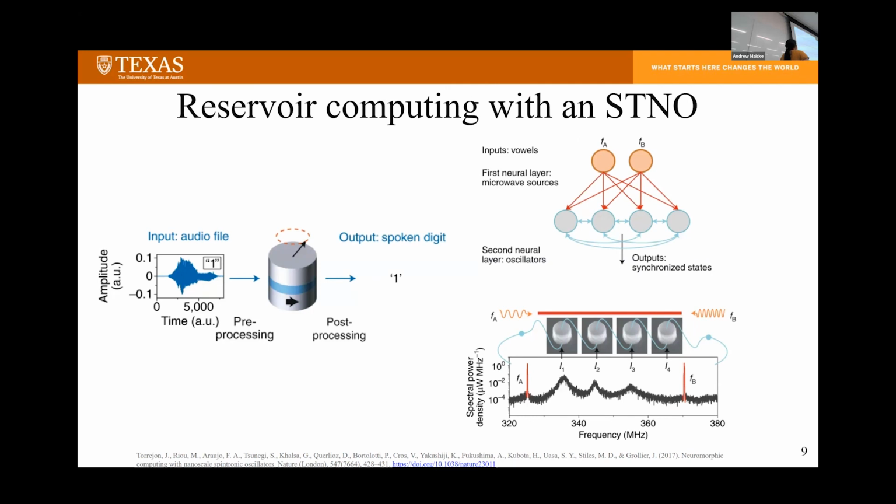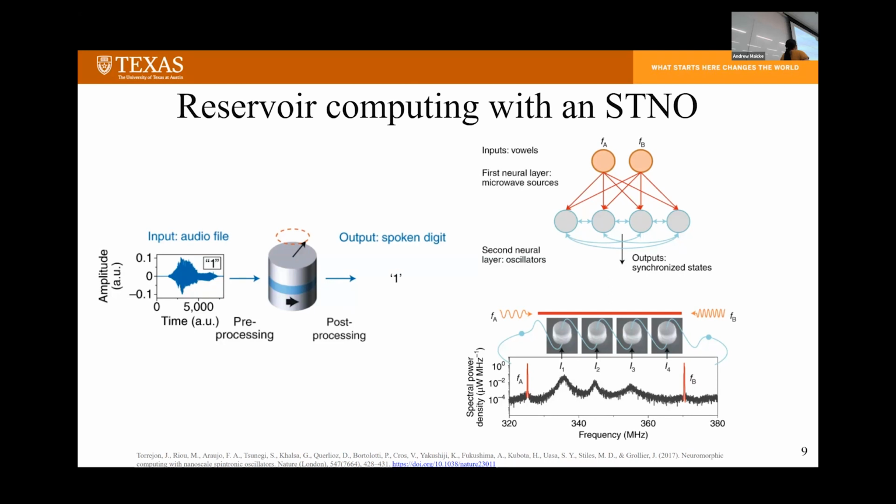One is this example on the left, which they use for speech pattern recognition. They're using time multiplexing pre and post processing with a single STNO, as you can see in the middle. This STNO is used as a reservoir to help recognize and classify spoken digits.